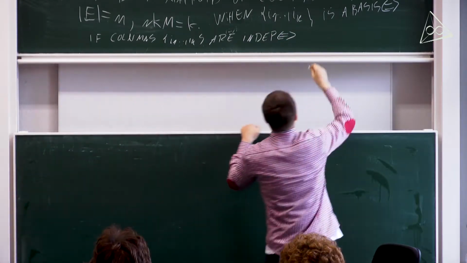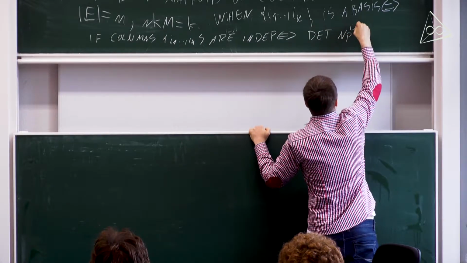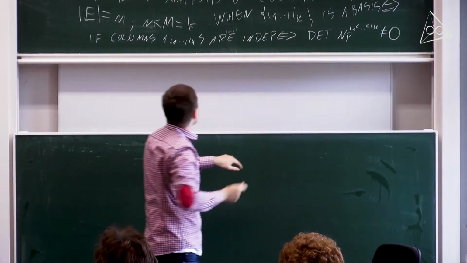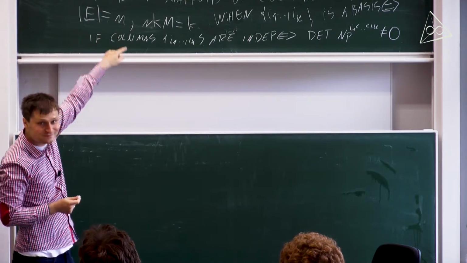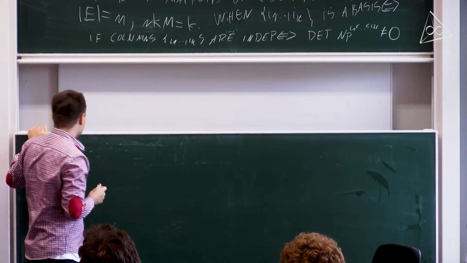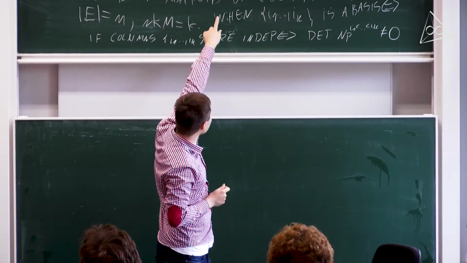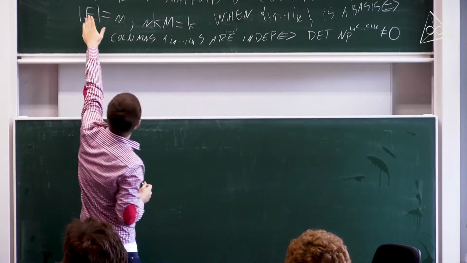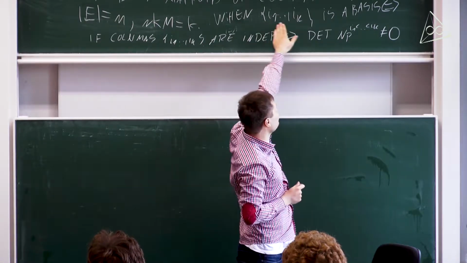The minor is non-zero. Okay, so there is some relation to this map. If you understand, the map takes those monomials such that the minor is non-zero. And for this matroid, the minor is non-zero if and only if this is a basis.